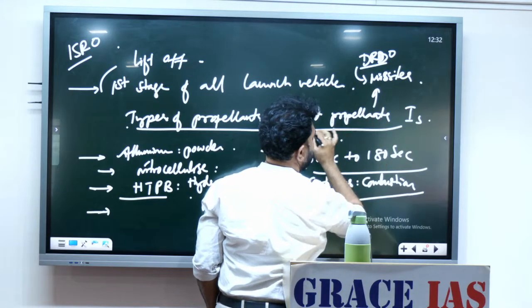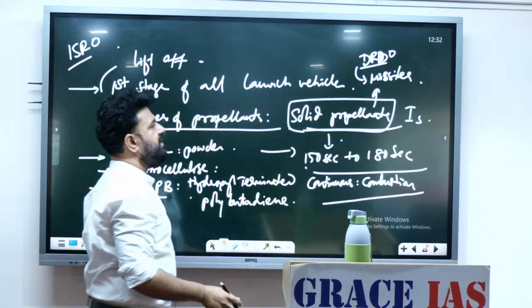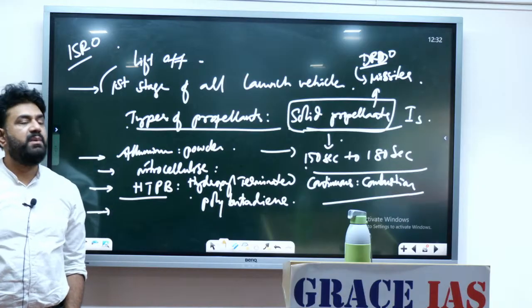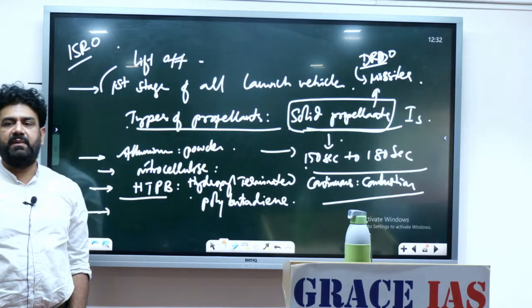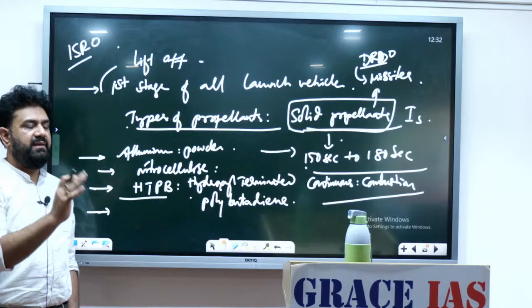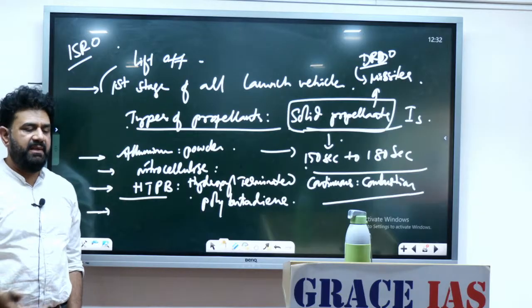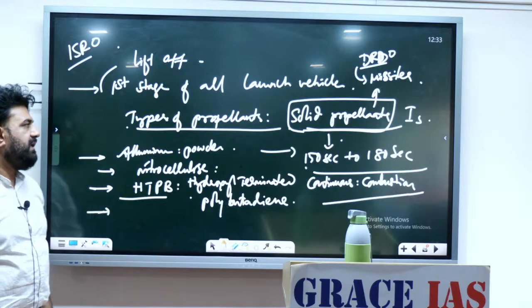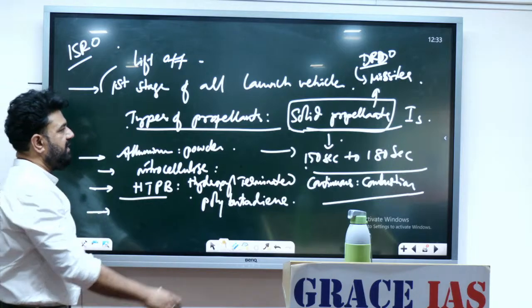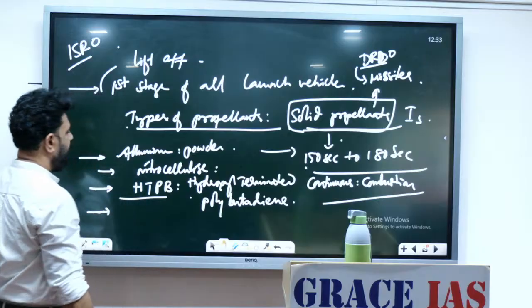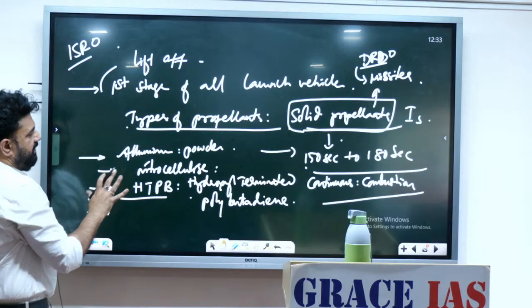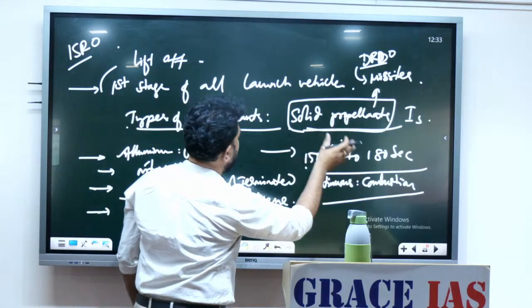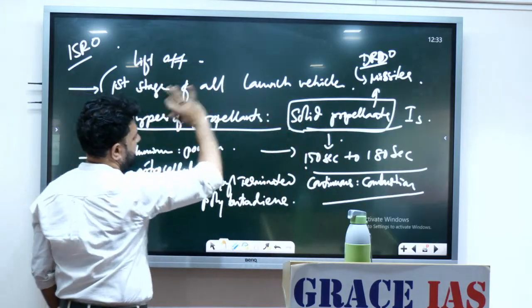Missiles use solid propellants and burn continuously until the range is completed. Range means short range, intermediate range, or long range missiles. Solid propellants are used continuously in general. So we have the materials used in solid propellants, their specific impulse, and when they are used as the first stage.